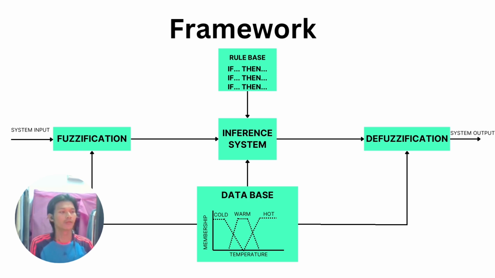From the inference system it connects to our rule base, which is the algorithm that my friend Izzy has already explained in the previous slides, and then the defuzzification, which is the system output such as system monitors and a water sprinkler that sprinkles water on the plant.